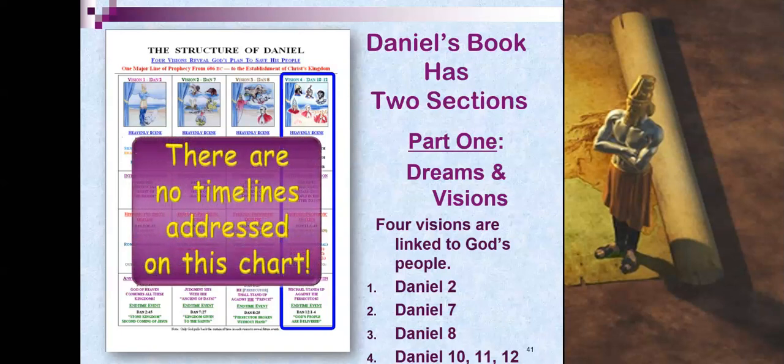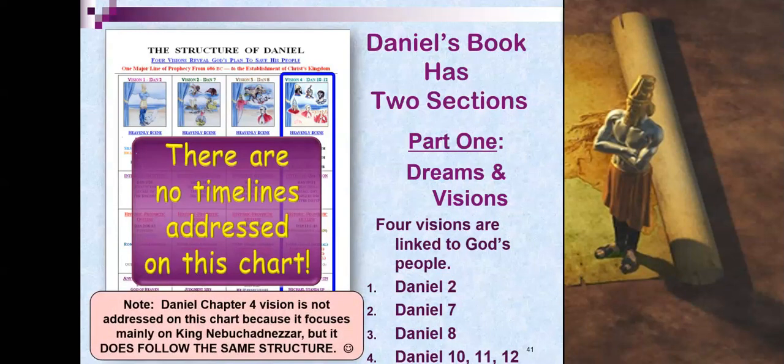Okay. On this chart, it says there are no timelines addressed. I did not address timelines, but I do show you where the outlines move the time forward. I also made a note at the bottom: the Daniel chapter 4 vision is not addressed on this chart because it focuses mainly on King Nebuchadnezzar, but it does follow the same structure, which you discovered after you had published your book.